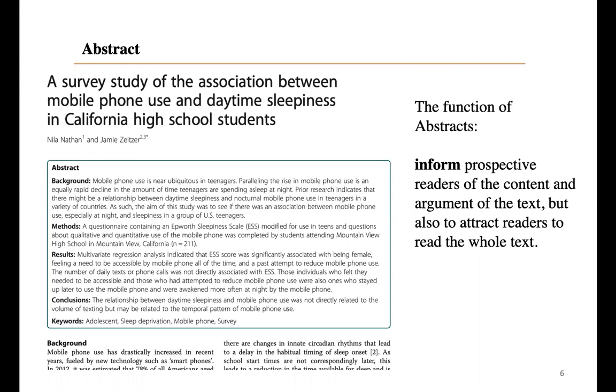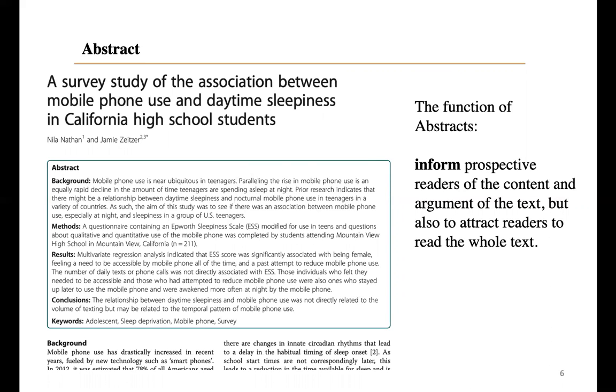Okay, so here is just an example of an abstract, but this is a guiding abstract. See, there are several subheadings there, right? Which can be easier for us to identify the main components of it. So we can see the background, methods, results, conclusions, and the keywords, which is all the main components of the abstract.